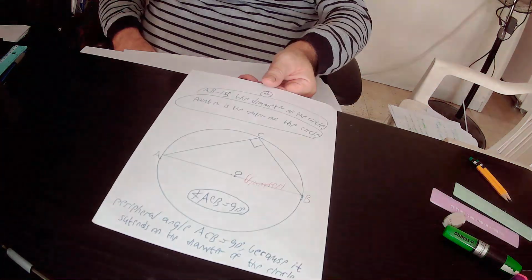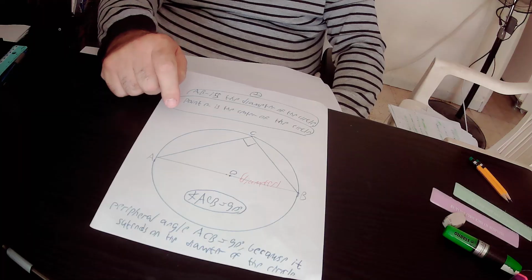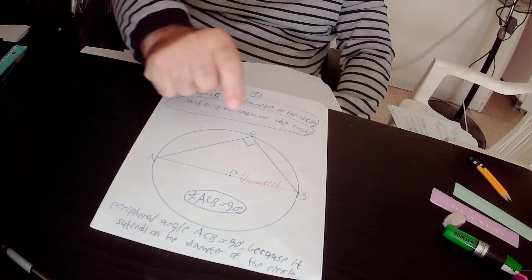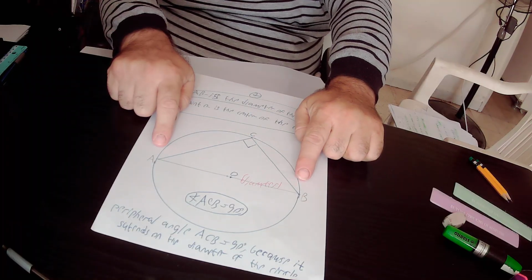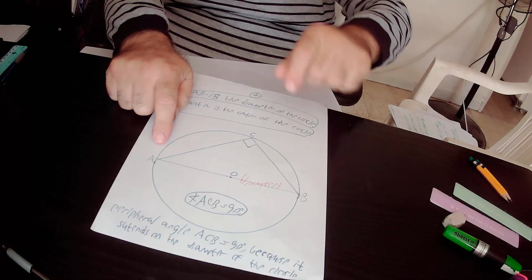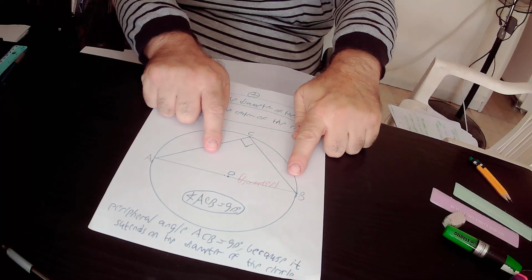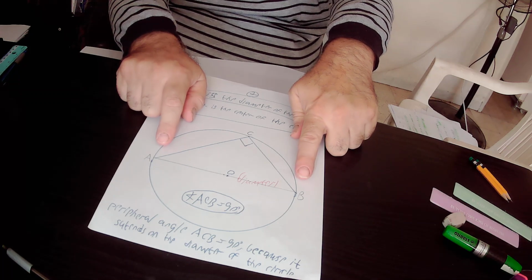So in the drawing, we have a circle, and this is peripheral angle ACB that subtends on chord AB. This is the diameter of this circle. And according to this rule 7, peripheral angle ACB must be equal to 90 degrees in size because it subtends on the diameter of the circle.